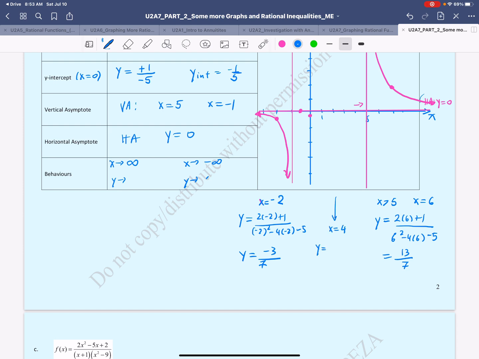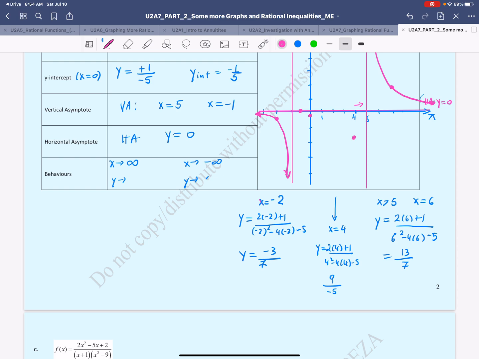The y value will be (2 times 4 plus 1) over (4 squared minus 4 times 4 minus 5). So this would be 9 over 16 minus 16 over -5. That tells me that the function at x equals 4 will have a value of -9/5, which is about -2, but less than 2 in magnitude.